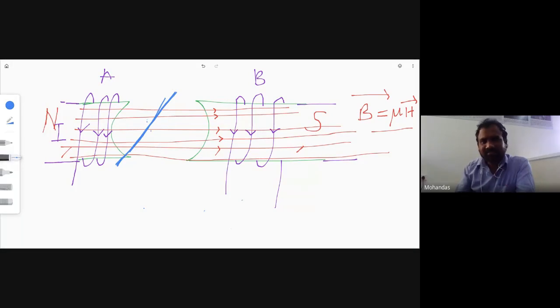Another one is, when this conductor is placed in a magnetic field and is driven by some external force, it is a rotating conductor which cuts this magnetic field. EMF will be induced in the conductor. Once EMF is induced, current will flow through this conductor. So let us say current is flowing in this direction.